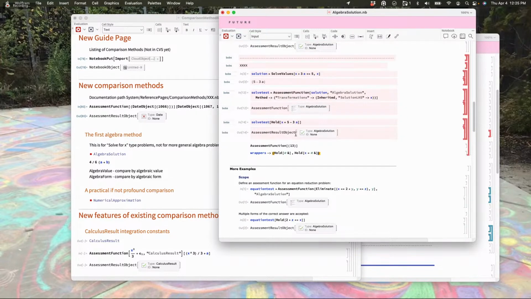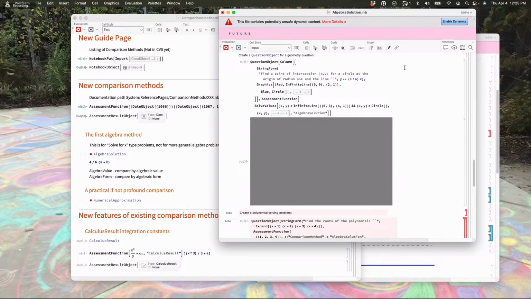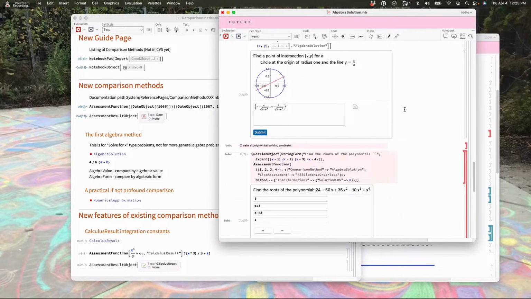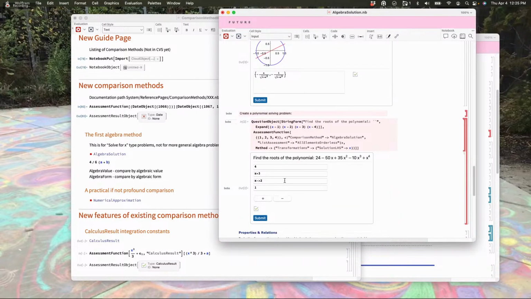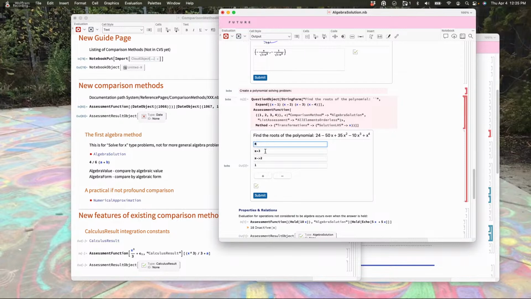So typically in the question object, here's an example where the student has to type into an input field. If we put this transformation in here, then we have the flexibility to allow any of these, right?